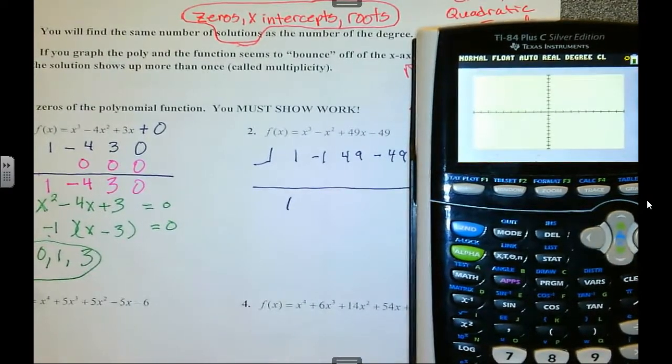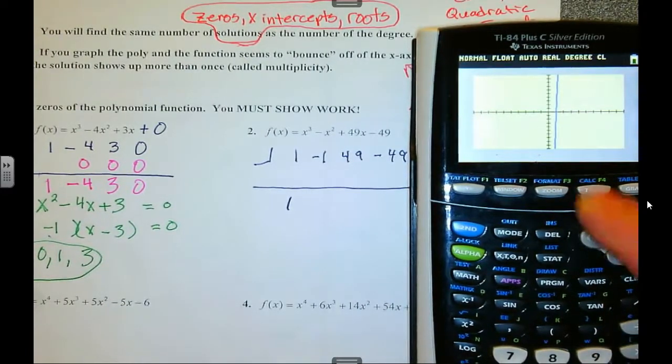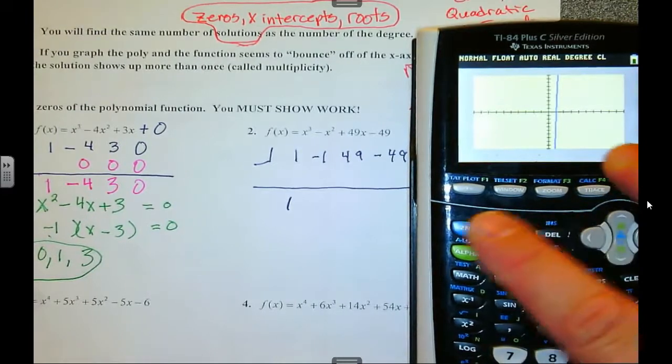Graph it. Well, I suppose I could mess with my window and get the whole graph in there, but really there is 1 x-intercept, and it looks to be like the number 1, but I'm going to check anyway.